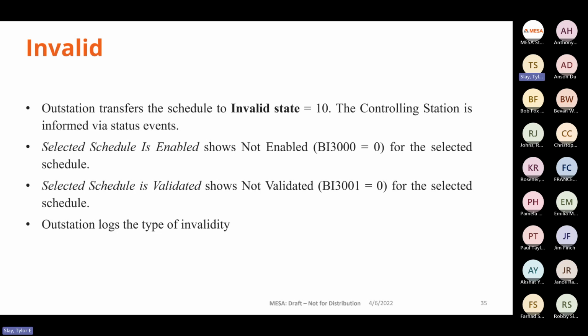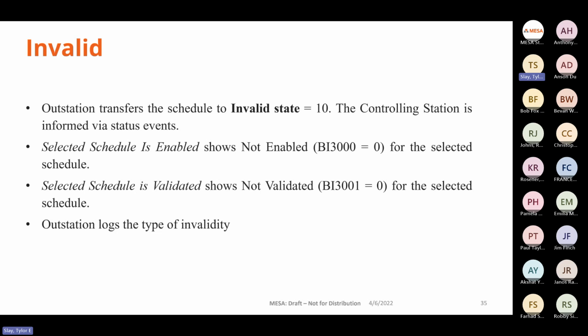Invalid. The outstation transfers the schedule to invalid state. The control station is informed via status event. If it is enabled, it shows the selected schedule is enabled, shows not enabled, BI 3000 equals 0 for the selected schedule. If the selected schedule is valid, shows not valid, BI 3001 equals 0 for the selected schedule.